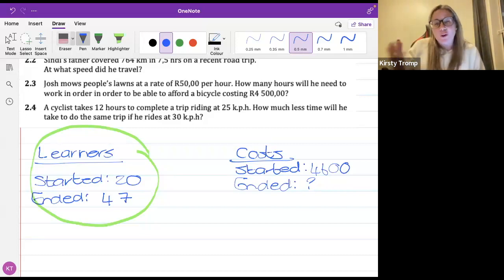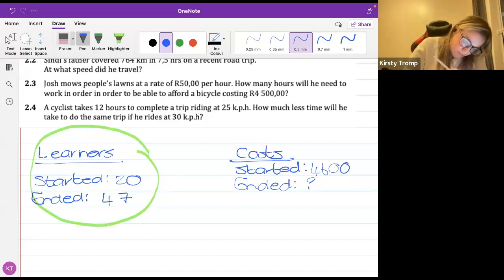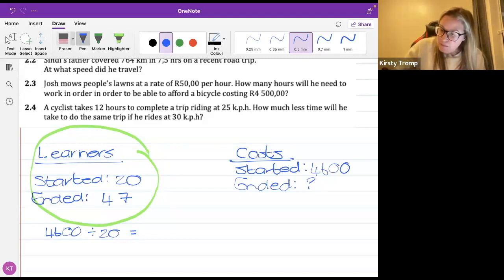So there's different ways for you to do this. The one way you can do this is you can say, well, if I take 4,600 and I divide it by 20, who can tell me how much that's going to be? 4,600 divided by 20, good.